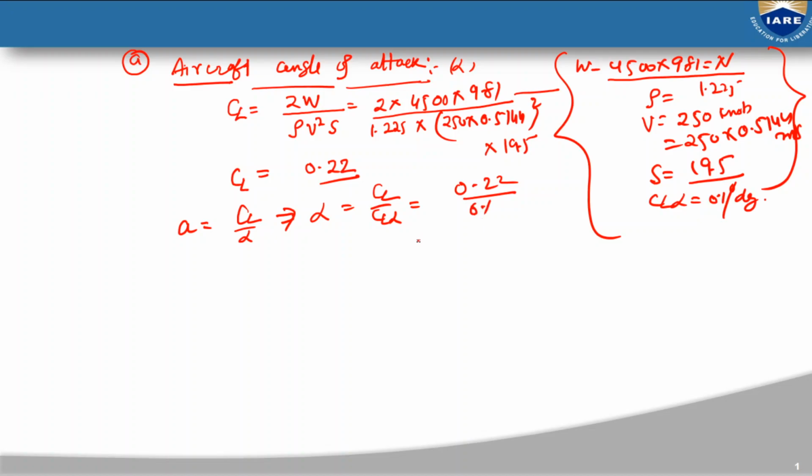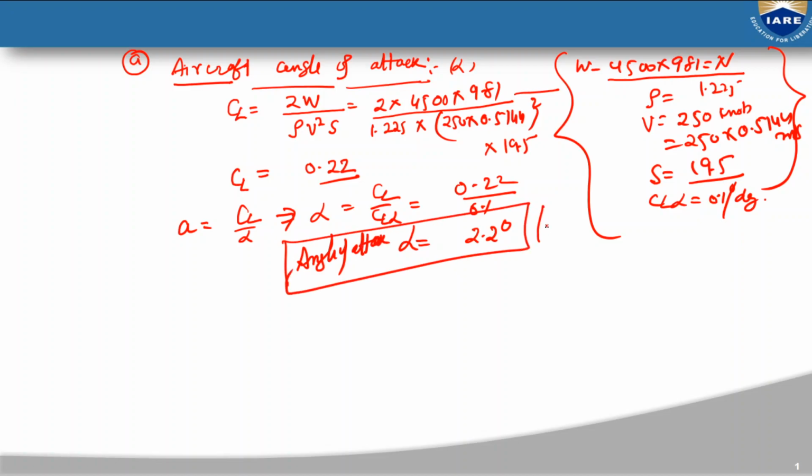So I will get the answer 2.2 degrees. So alpha, that is the angle of attack. This is the answer for problem A.